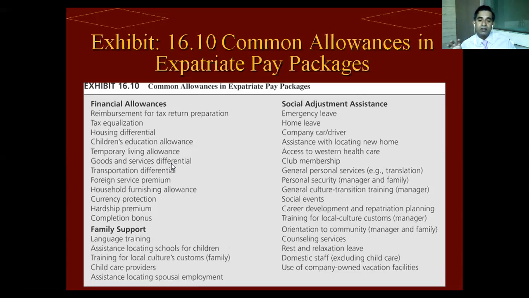For example, whatever amount of goods and services you buy here, how much is required to buy the same goods and services in those countries? Whatever the difference in amount, that is borne by the company. That financial allowance is referred to as goods and services differential. In the same way, there is transportation differential and so on.